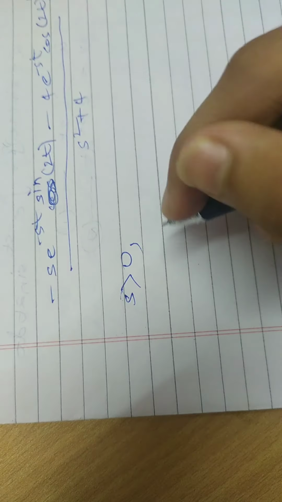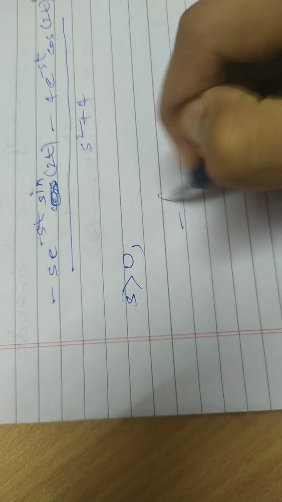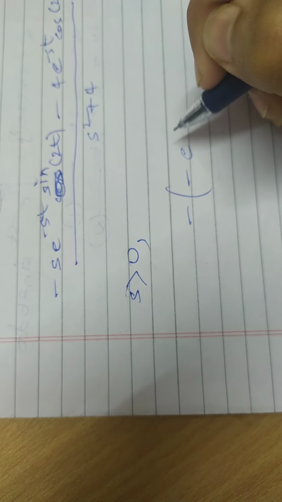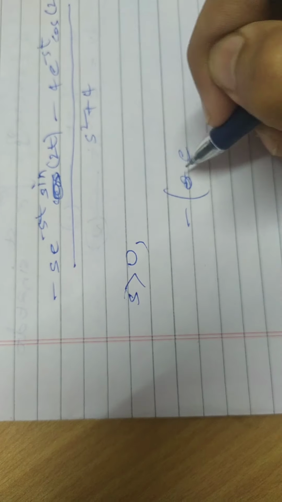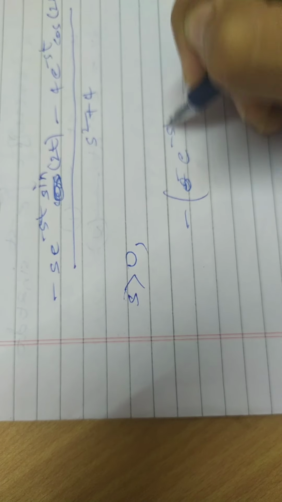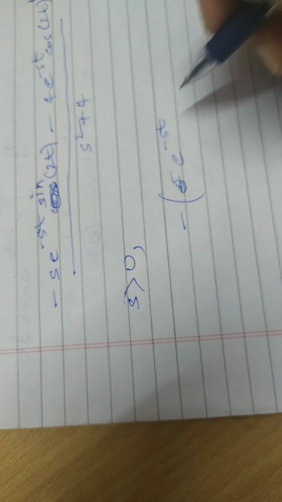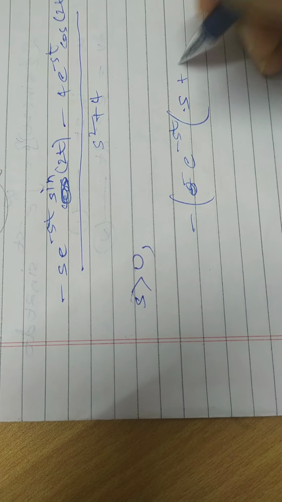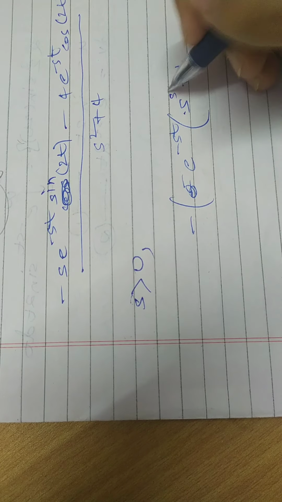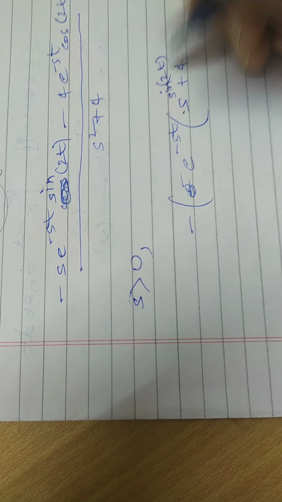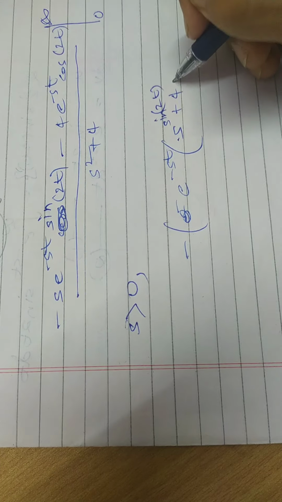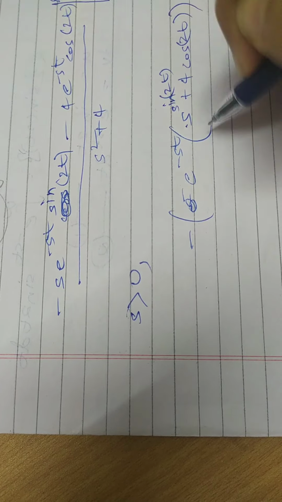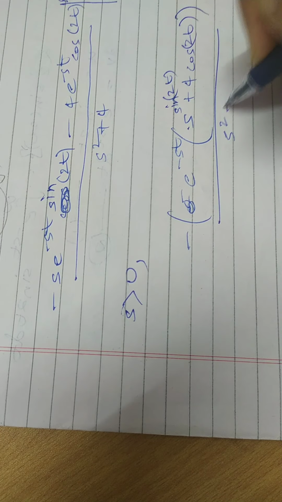So the lower limit would turn out to be minus times minus e power minus st. We're taking e power minus st common: s sin 2t plus 4 cos 2t, divided by s square plus 4.